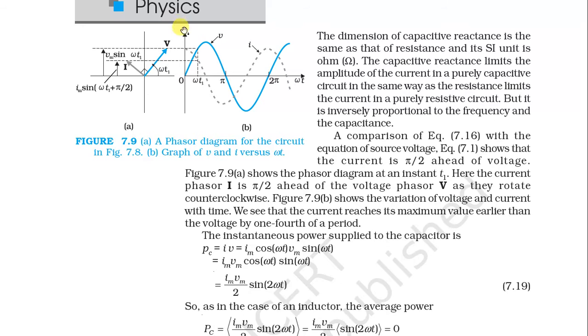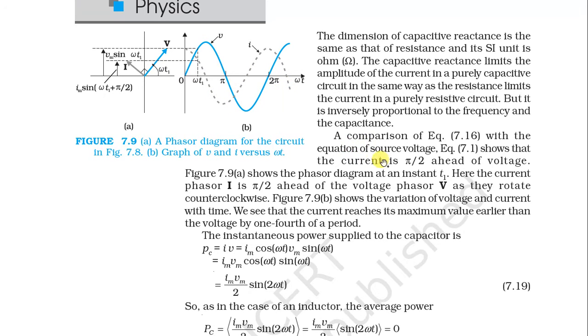We have shown the phase difference between them. It starts from 0, and with time it starts with respect to pi by 2. Whenever voltage increases, the current decreases, and whenever the current increases, the voltage decreases.